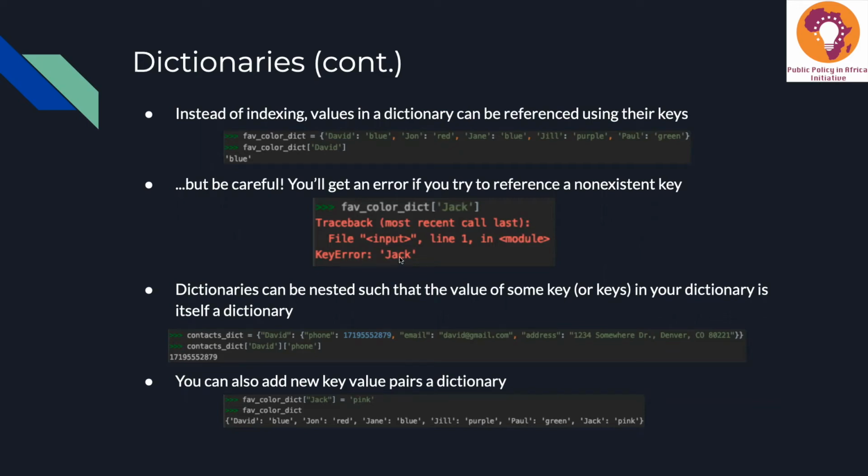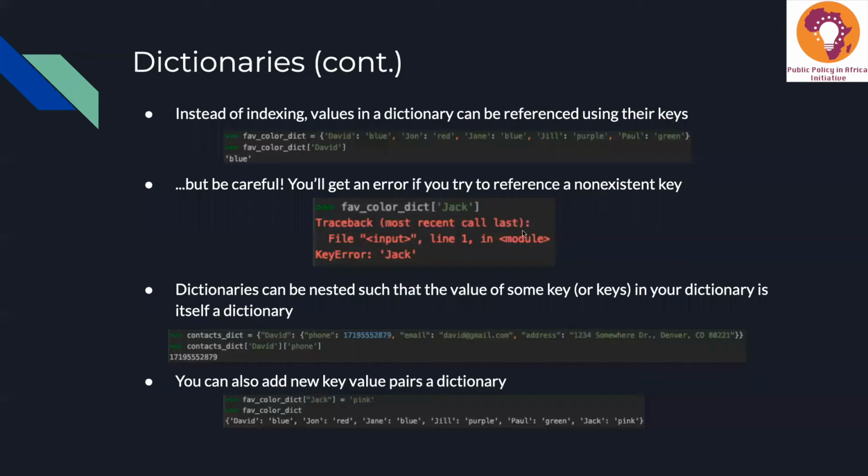And what that's telling us is there is no key in that dictionary with the value Jack. So just something to call out, if you want to handle that error in the future. We'll get to error handling way later in the course.